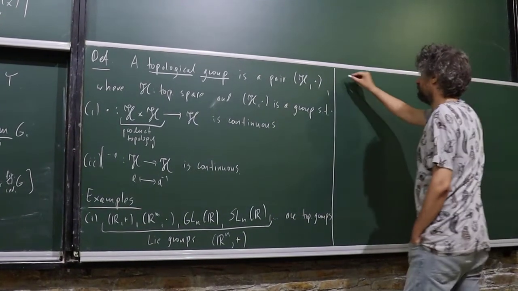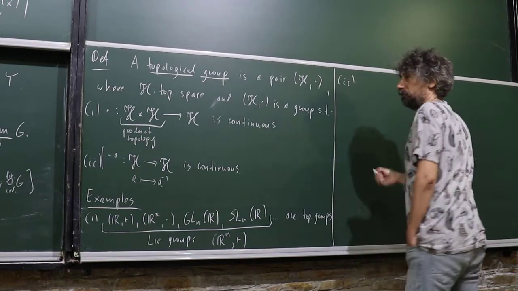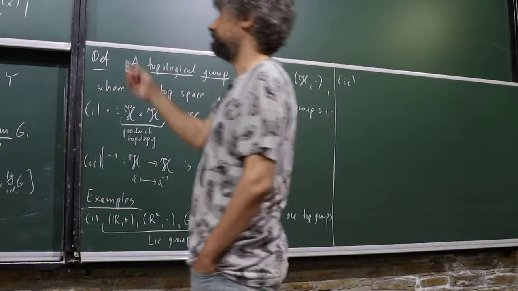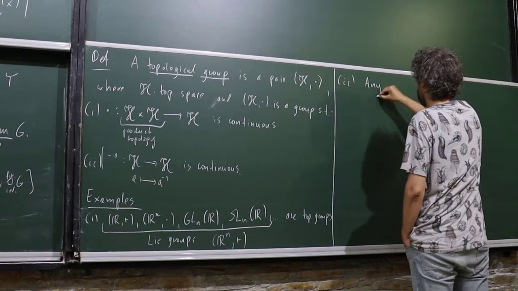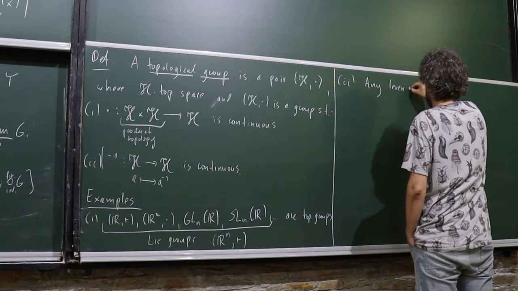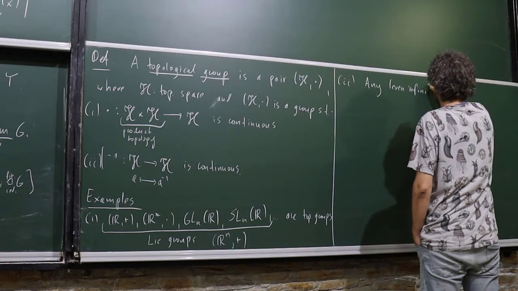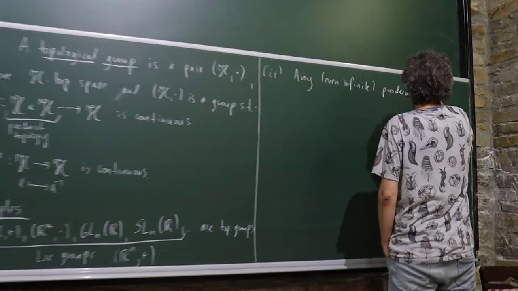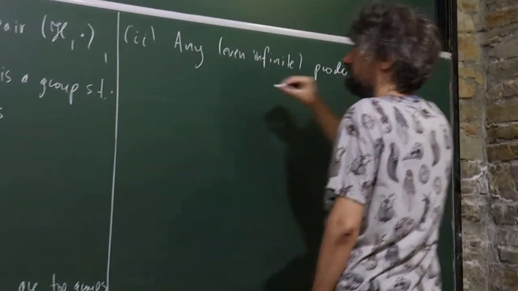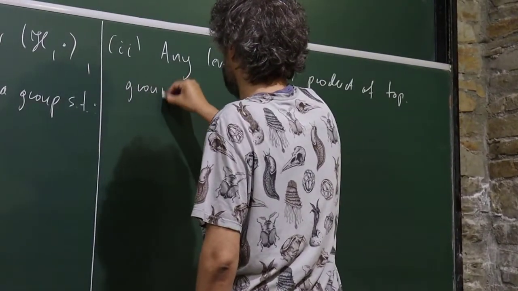Okay, and then less natural, but the case we are interested in. Any even infinite product of topological groups is again a topological group.